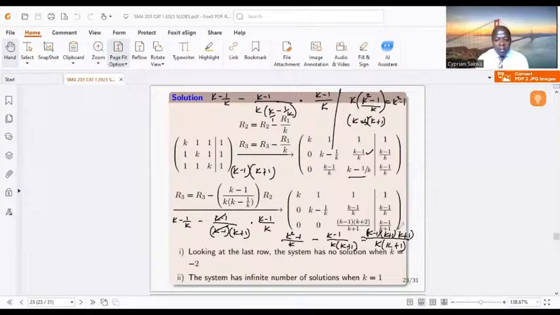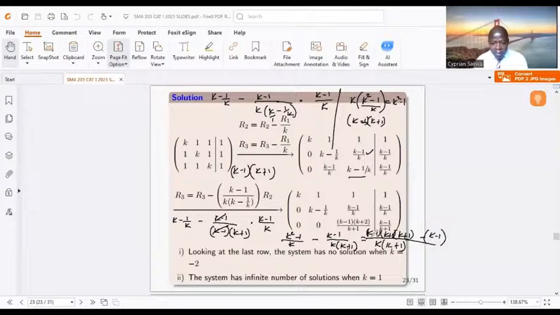Hope you're writing properly yours. This is k minus 1 times k plus 1 times k plus 1. Then minus. This part goes in itself once. So you have minus k minus 1.